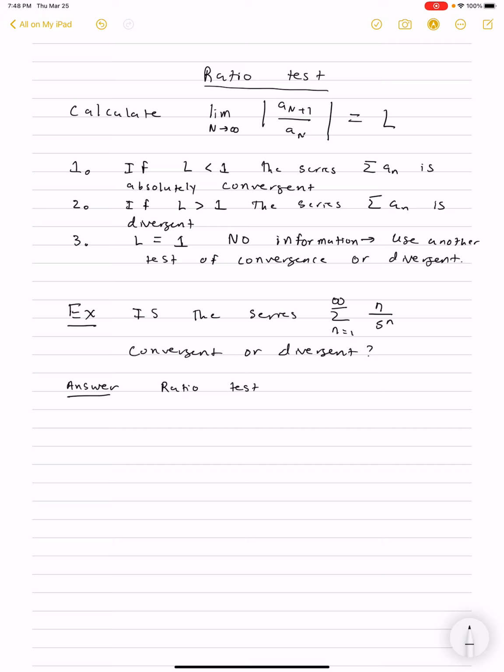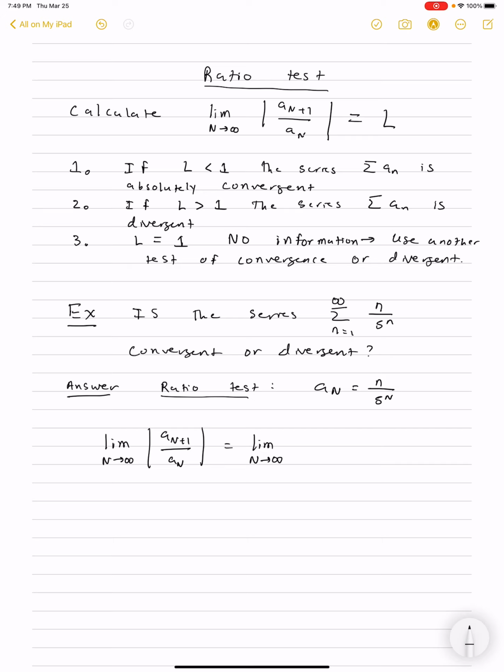So we'll use this ratio test with a_n equal to n over 5^n. I'm going to compute this limit of a_{n+1} over a_n. Okay.